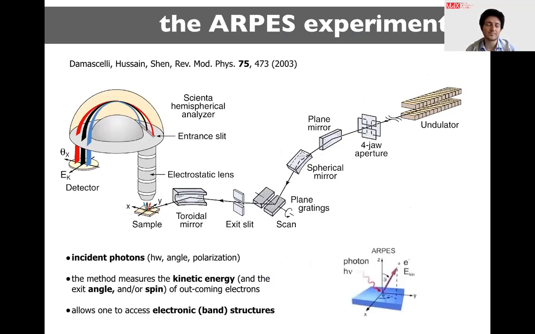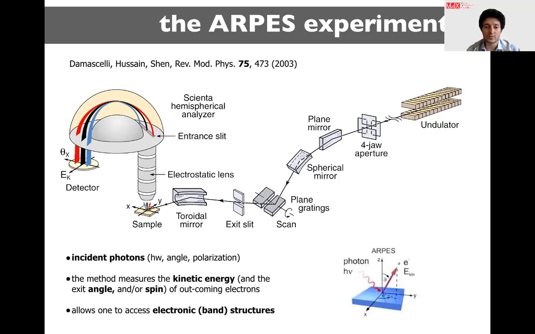Here is a sketch of the photoemission experiment setup. What is important to note here is that there are a number of parameters that can be controlled in this experiment, and notably one is the frequency of the incident photon, but also the angle at which the electrons are ejected from the system, and/or the spin.